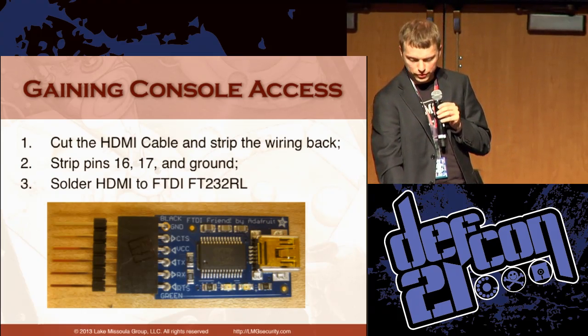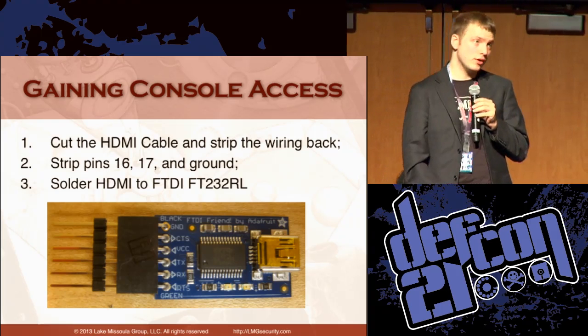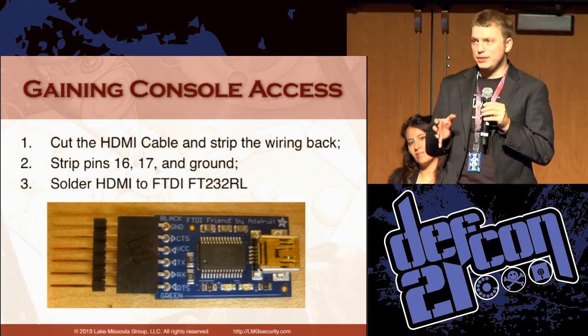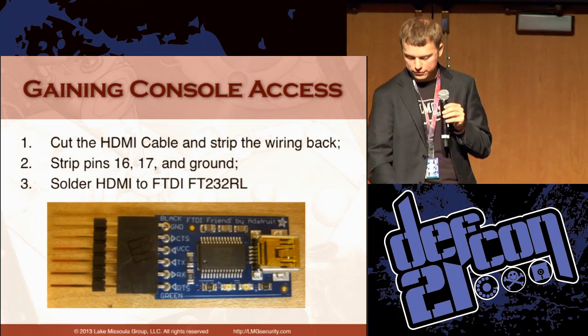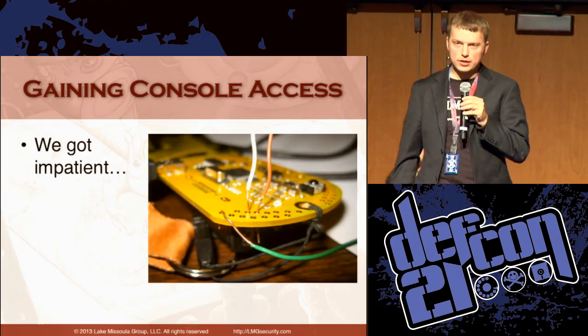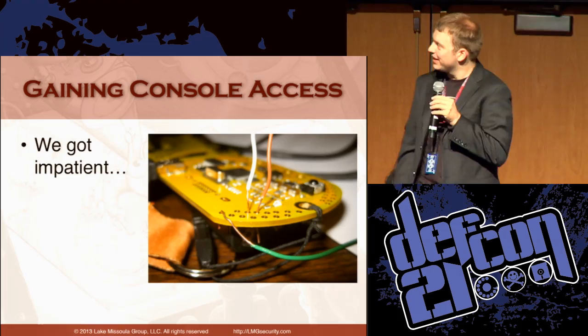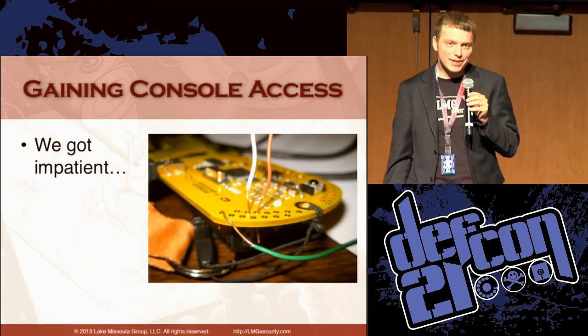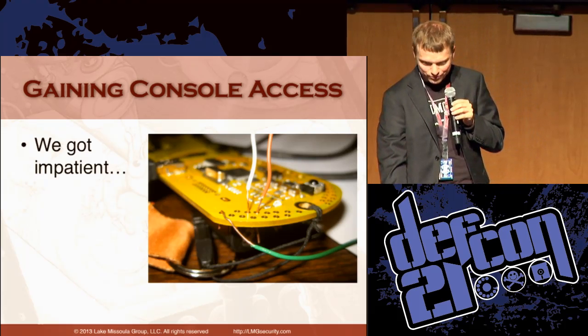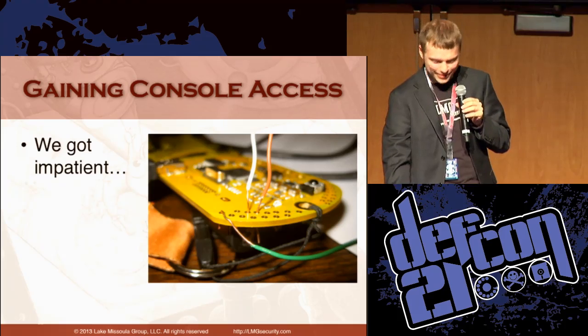It's like a $15 part or something. But I got really antsy while we were waiting for the shipping for this, and this was right after DEFCON last year. So I just grabbed my badge from last year, and since it had an FTDI connector on it, I just ended up using that one. It's a little bit of a hack together solution, but I thought you'd enjoy that.